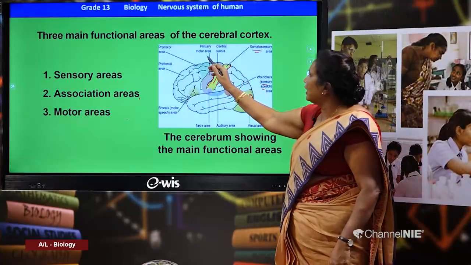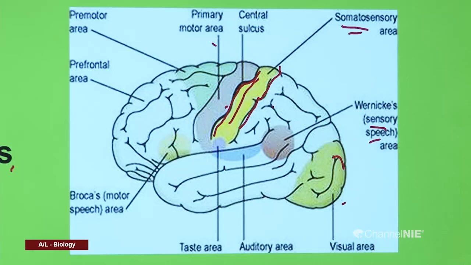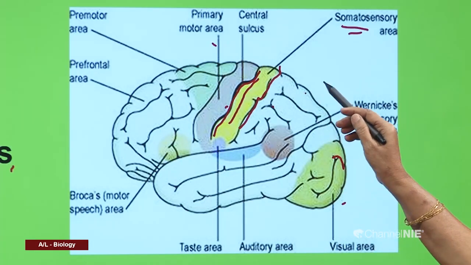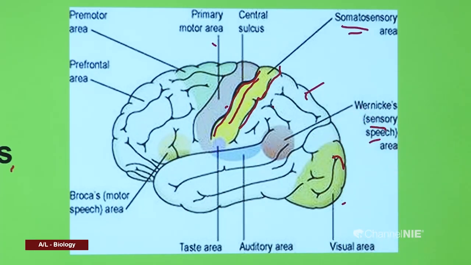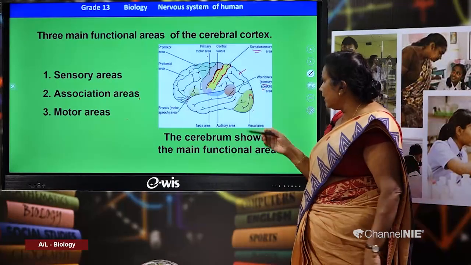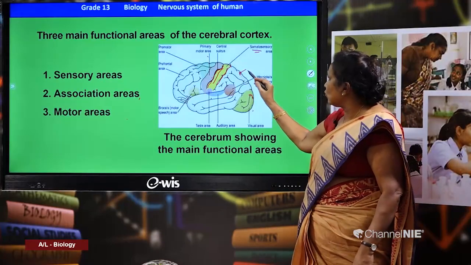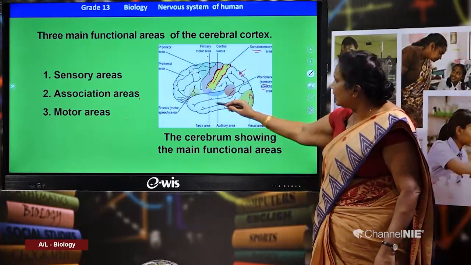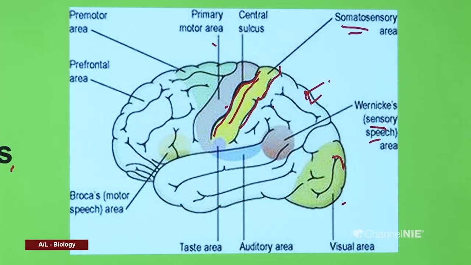This is one of the motor areas. In between these regions are association areas, to relate the sensory information and to produce motor responses. Sensory association areas may be present in different regions. So, these are 3 important regions in the human cerebrum.